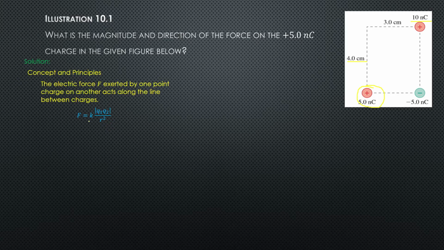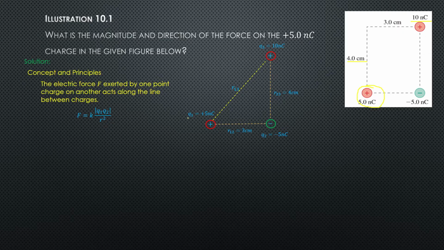So I'll just draw the figure. This is just a representation of this figure. I assume that charge 1 is the positive 5 nanocoulomb, charge 2, Q2, is equal to negative 5 nanocoulomb, and charge 3 is 10 nanocoulomb.